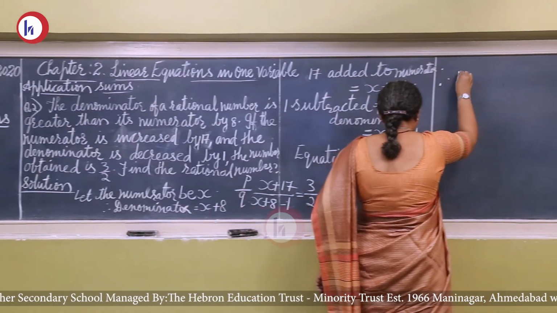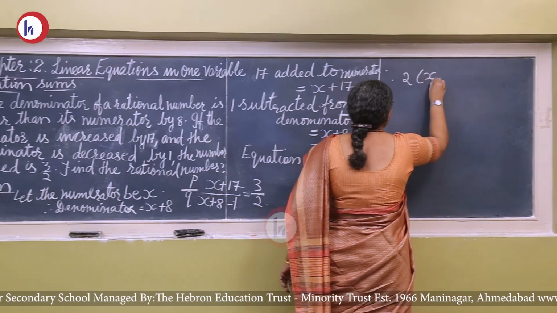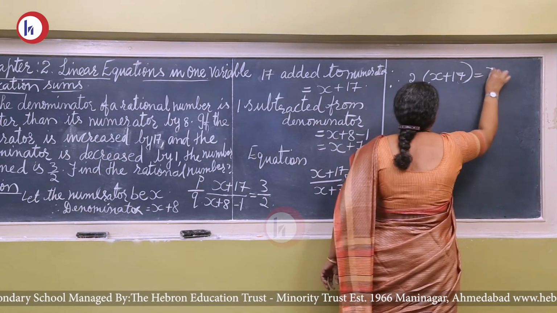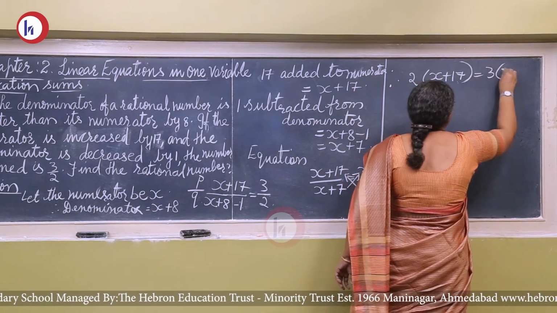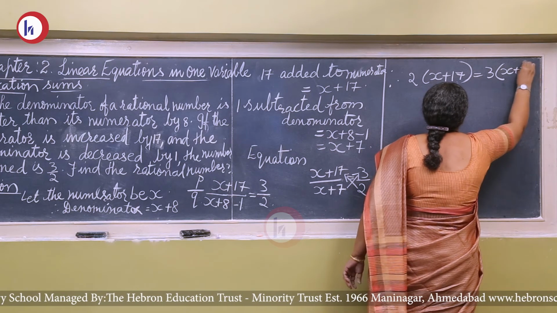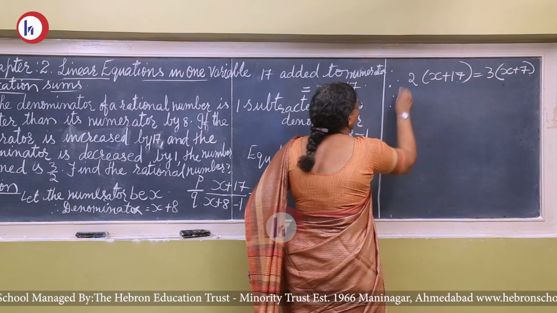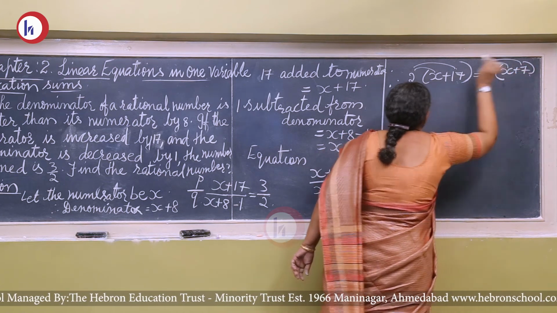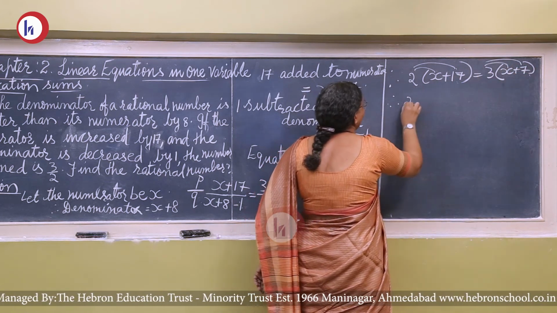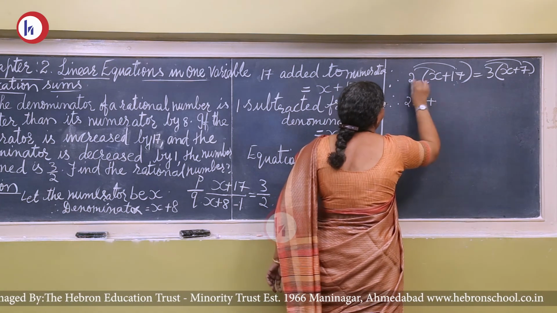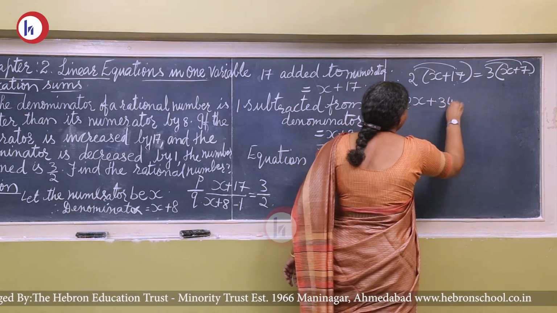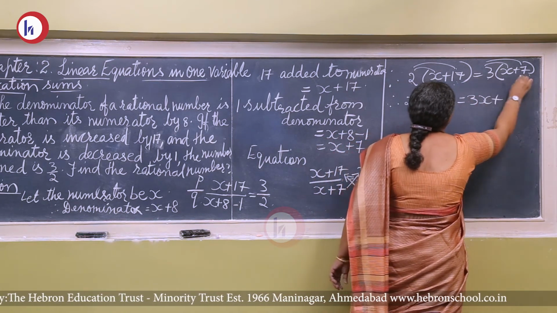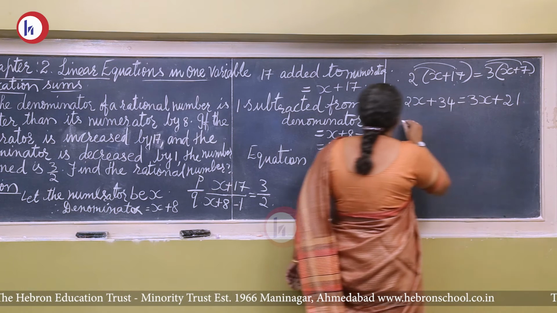Therefore, 2 multiplied by x plus 17 is equal to 3 multiplied by x plus 7. Now, 2 multiplies both terms and 3 also multiplies both terms. So 2x plus 17 twos are 34 is equal to 3x plus 3 sevens are 21.